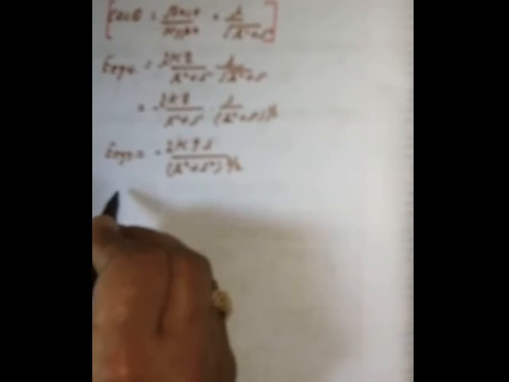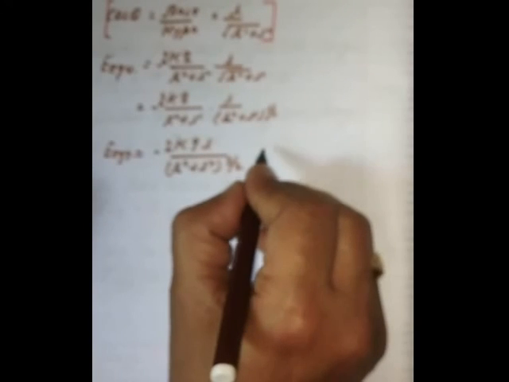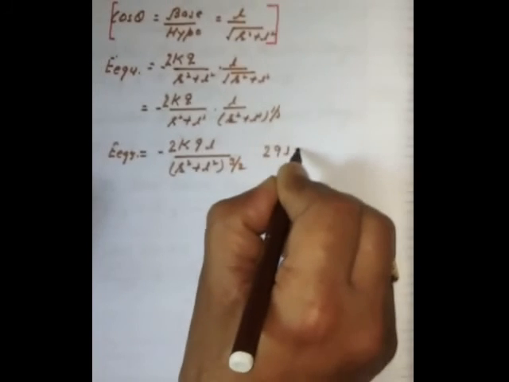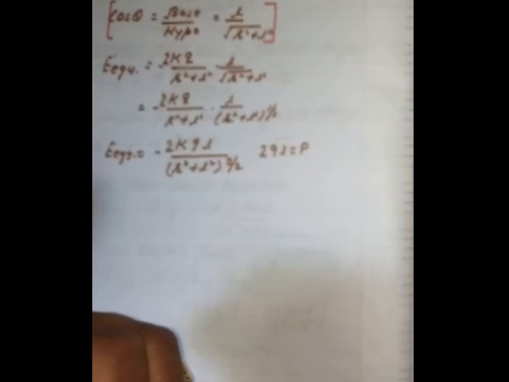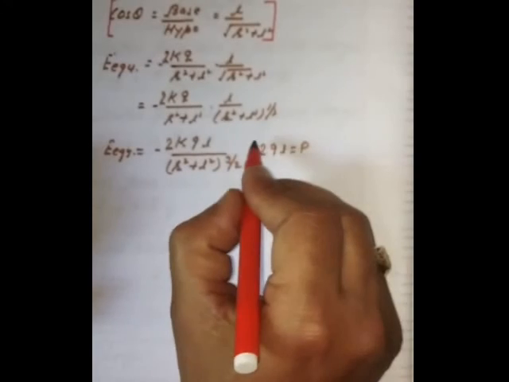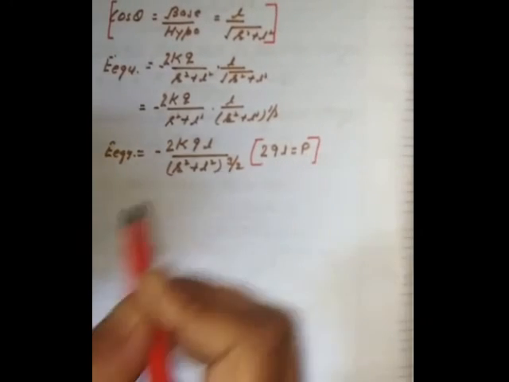Therefore, we know that 2ql equals p, the dipole moment. So here we can put the value of 2ql.